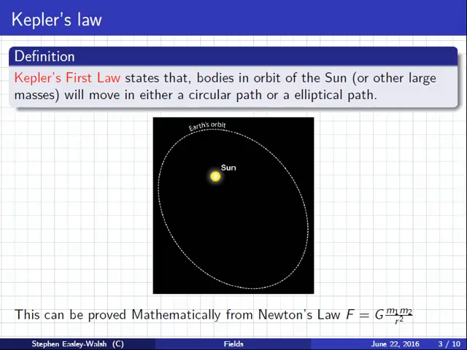However, at the time Kepler didn't have Newton's law because Newton wasn't born, but we could prove it now that this law is a result of Newton's formula from the last class, that the orbit is elliptical, which kind of means it could have this egg shape to it. It's not quite circular. So I think it'd be great if you can draw this as well as the definition.